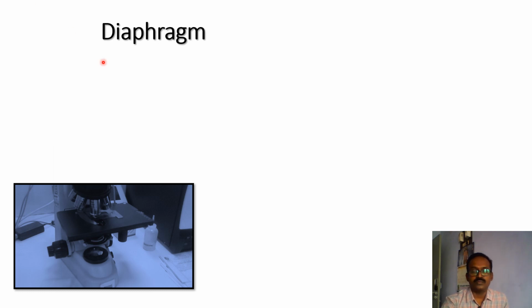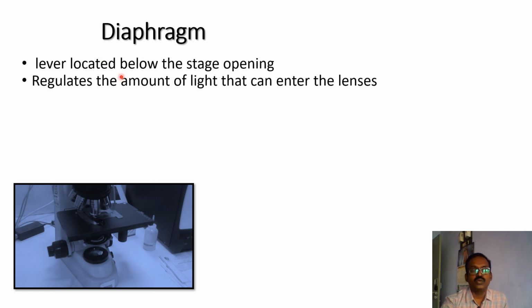The diaphragm is located below the condenser. It has a lever located below the stage opening. It regulates the amount of light that can enter from the condenser to the slide.